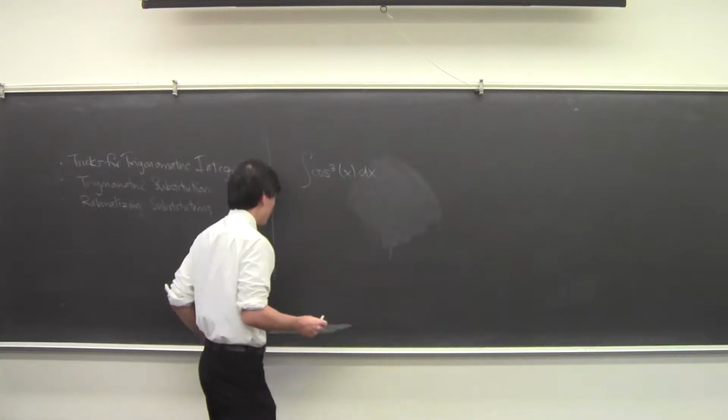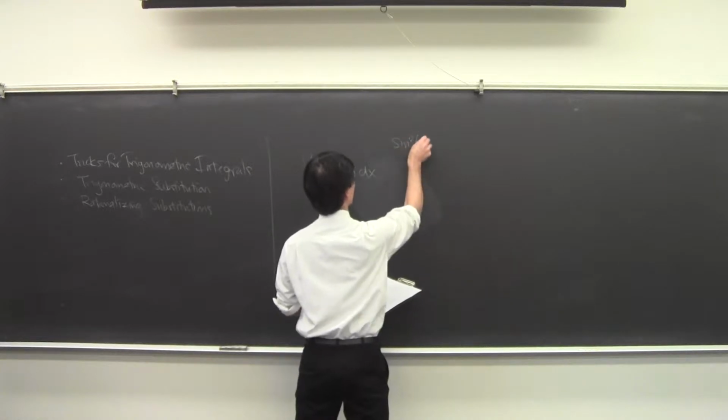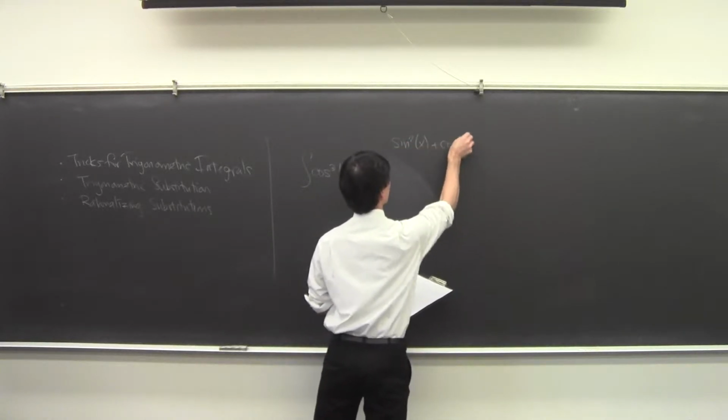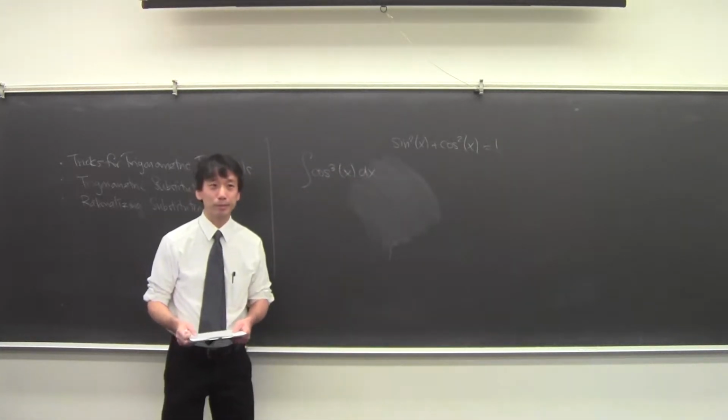What we're going to use is the so-called Pythagorean identity, that sine squared plus cosine squared equals 1.